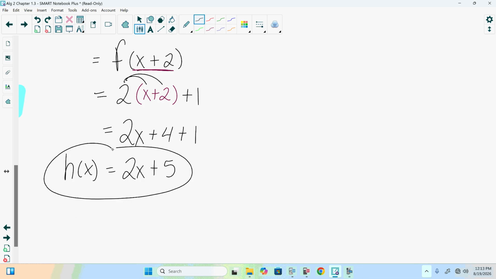Now, I would say definitely jumping from f of x equals 2x plus 1 to try to go straight to 2x plus 5, that's a bit of a jump. But if we take it step by step, part by part, using the general form, plugging in our information and simplifying down, there's not a whole lot to this from step to step. That's going to be algebra 2 as a whole. It's going to be a lot of nice steps as long as we keep them in order. They flow from one to the next.